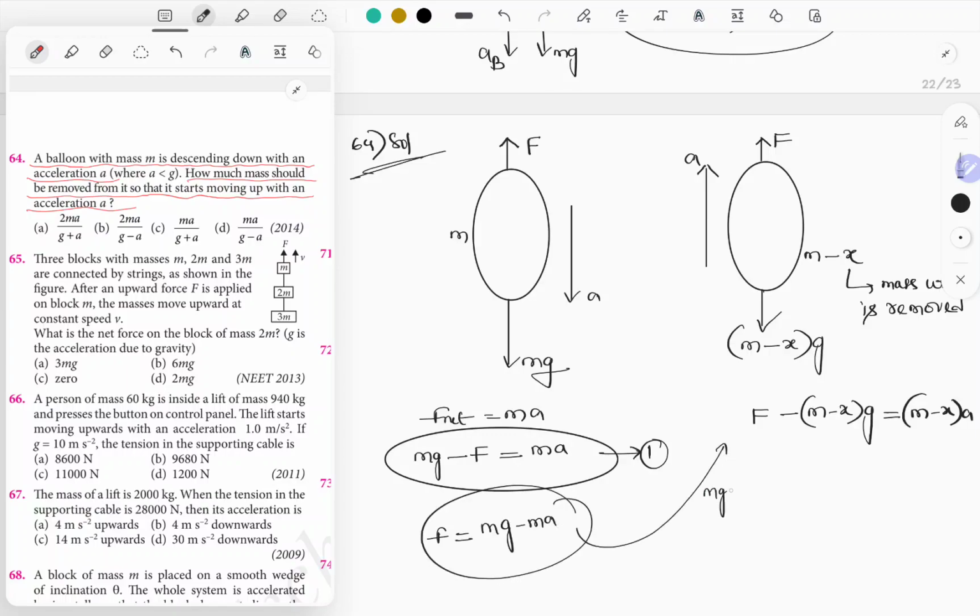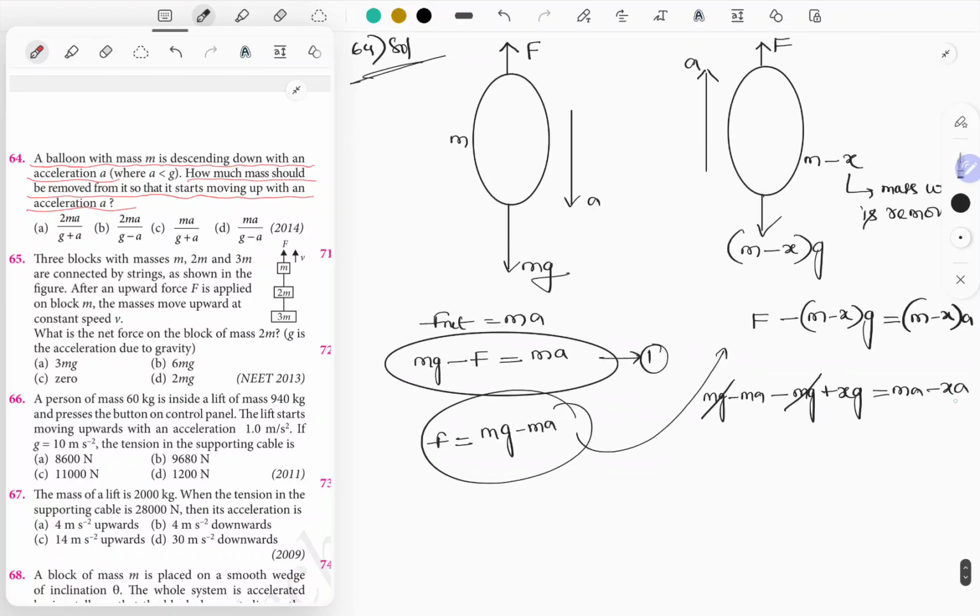So mg minus ma minus mg plus x into g, which is equal to ma minus xa. mg will get cancelled out. Let me send xa to the left side.